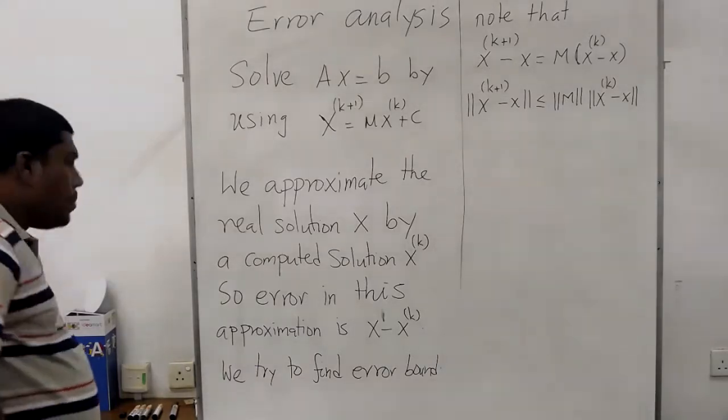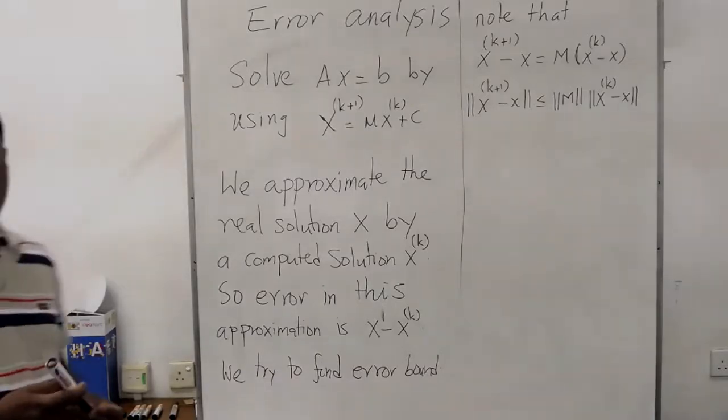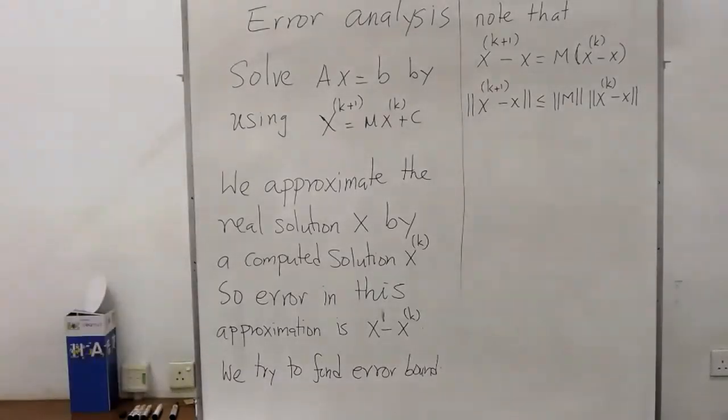But again, you see that when you are doing a real numerical computation, you don't know the real solution either. Because if you know the real solution, then there is no need for the numerical computation at all. So when you are doing a numerical computation, you don't actually have the real solution.